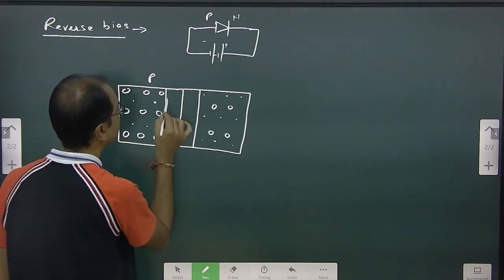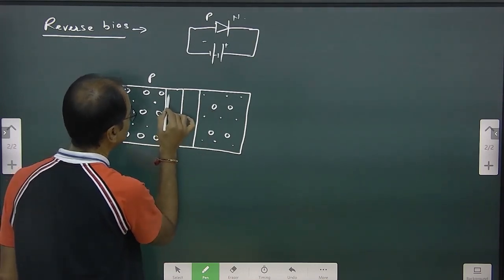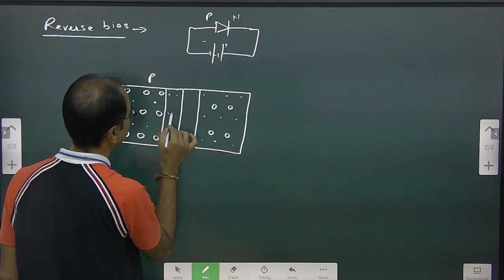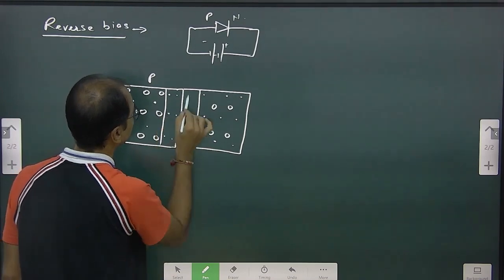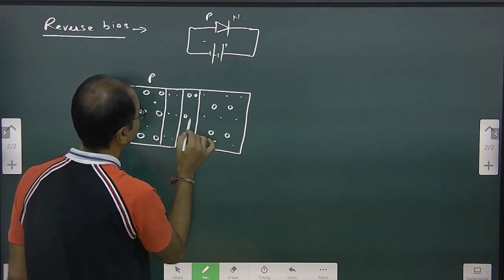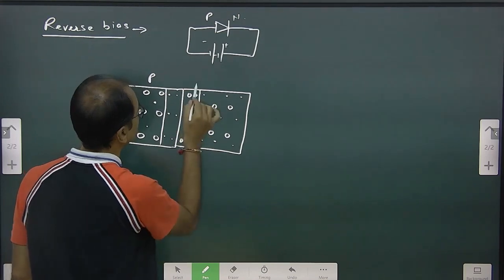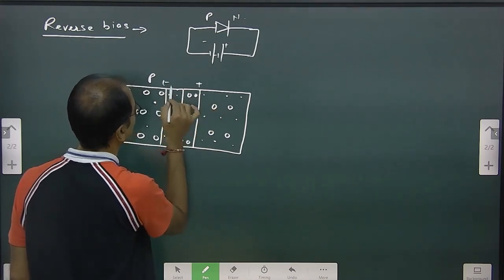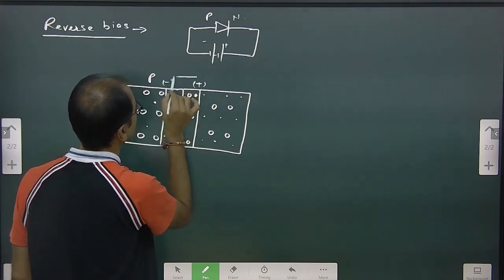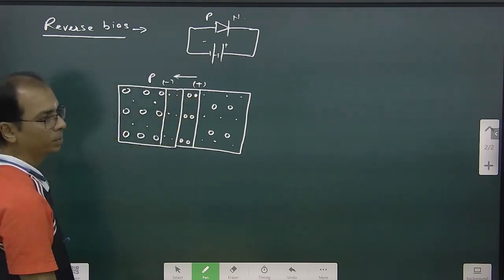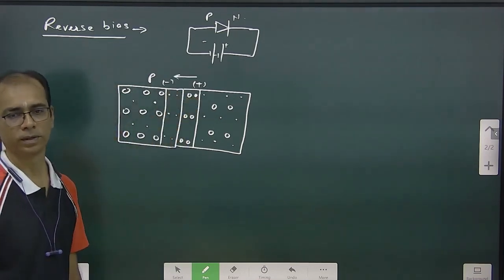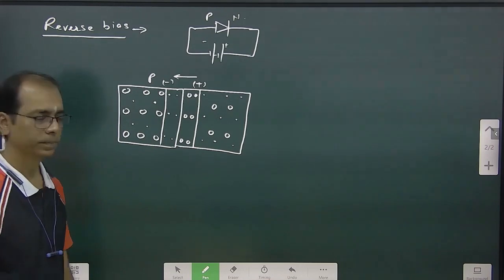And on this side, what is there? Here there are electrons and there are holes. And this is positive, this is negative, right? And there is an electric field. The depletion layer electric field is on the left, right?